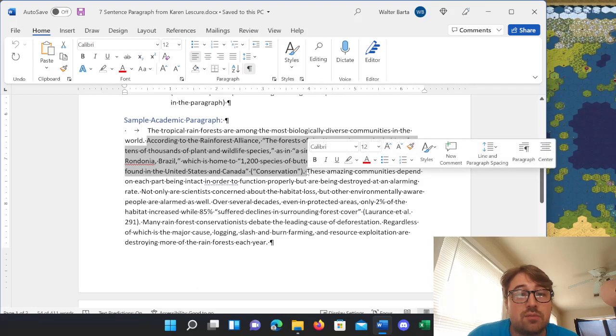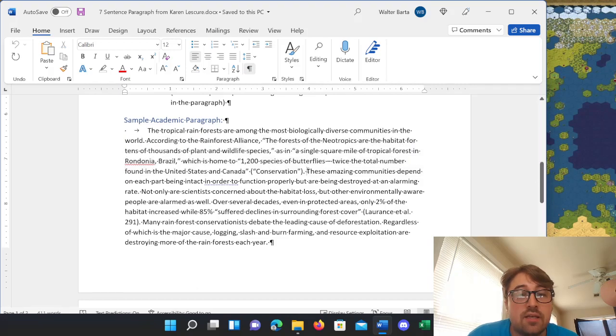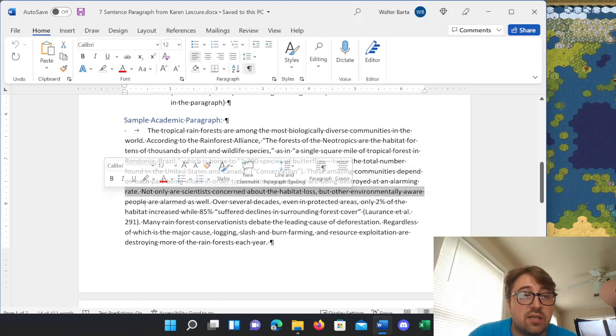So now we're going to have some commentary. These amazing communities depend on each part being intact in order to function properly, but are being destroyed at an alarming rate. Not only are scientists concerned about the habitat loss, but other environmentally aware people are alarmed as well. So these are commentary on the subject of diversity, specifically on the fragility of diversity, right?